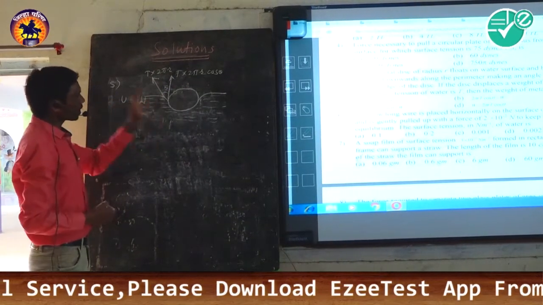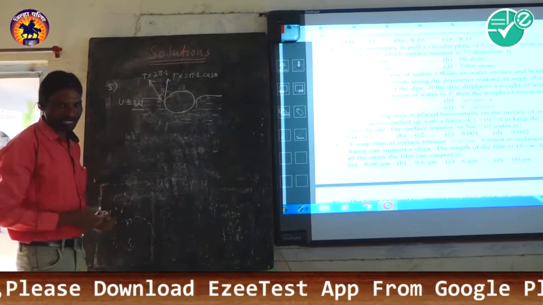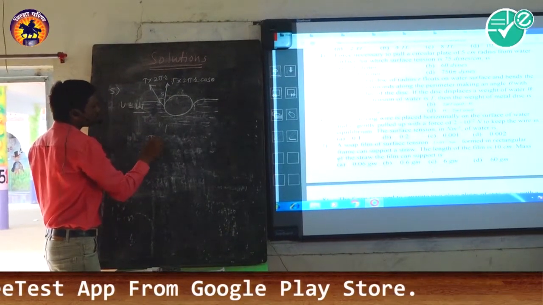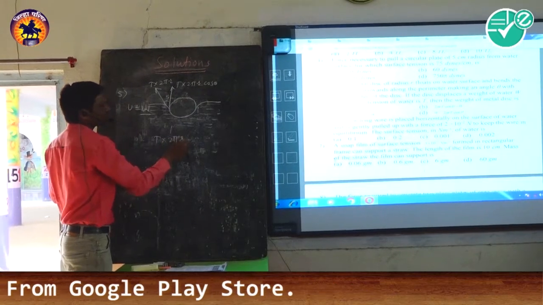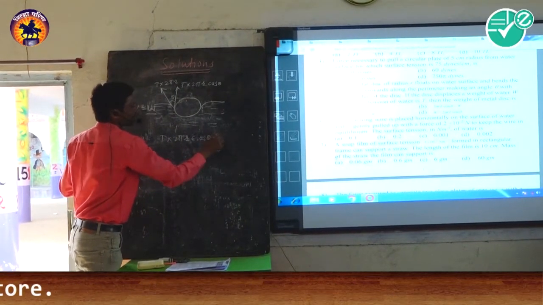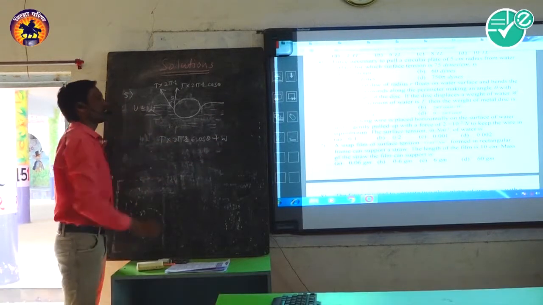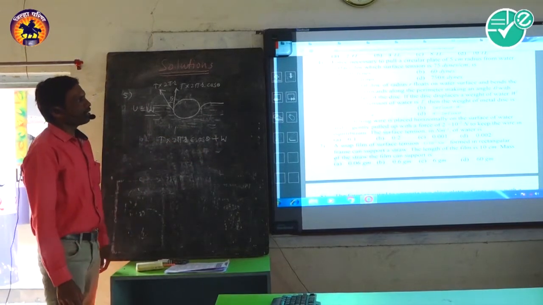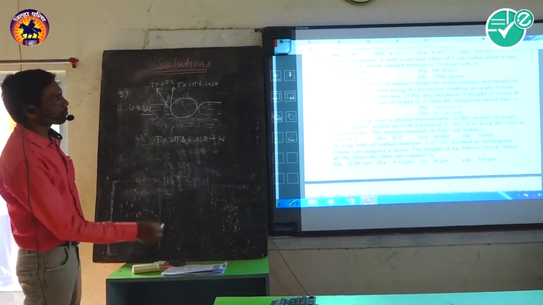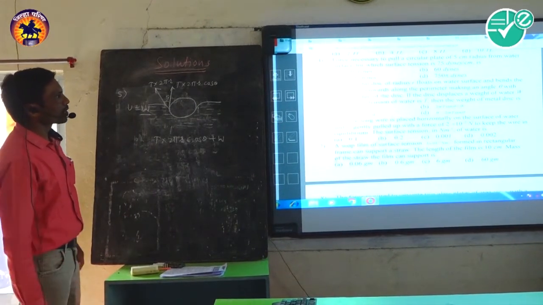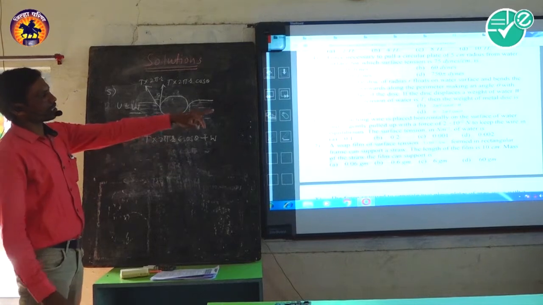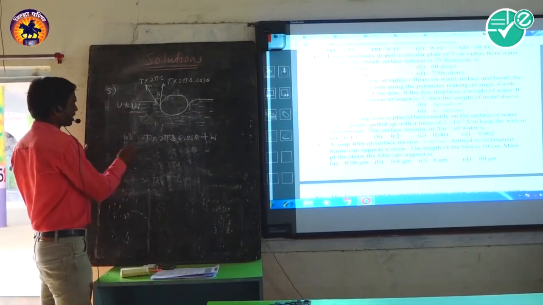So obviously the total upward force exerted on that disc is the sum of the force due to surface tension, that is 2πr cosθ into T, plus the upthrust, that is W. It means the total upward force acting on the disc is 2πrT cosθ plus W. It means the option is C.